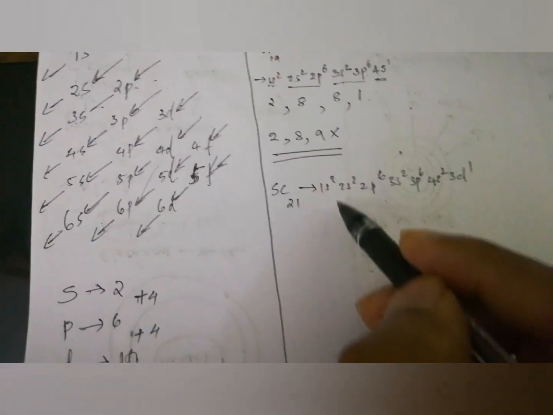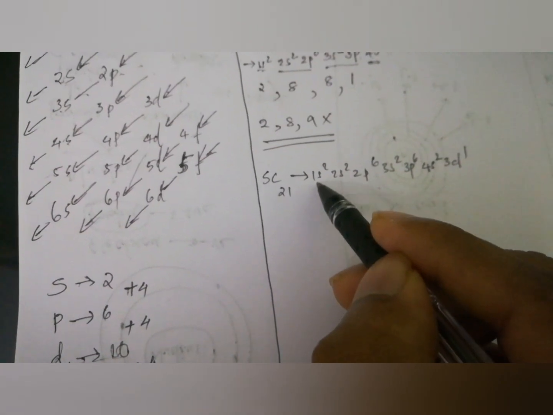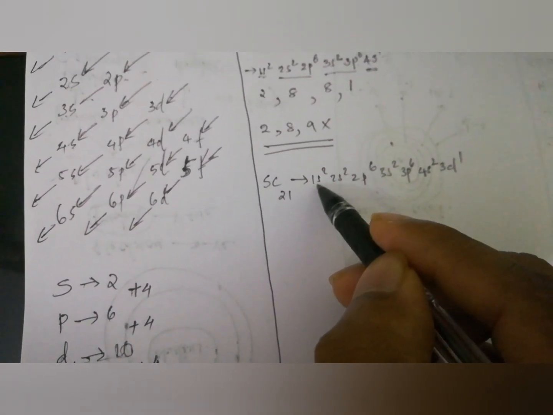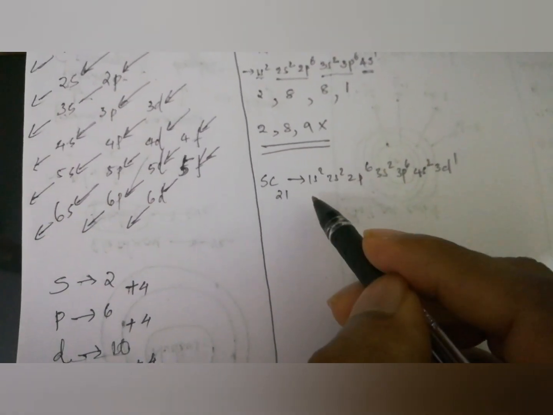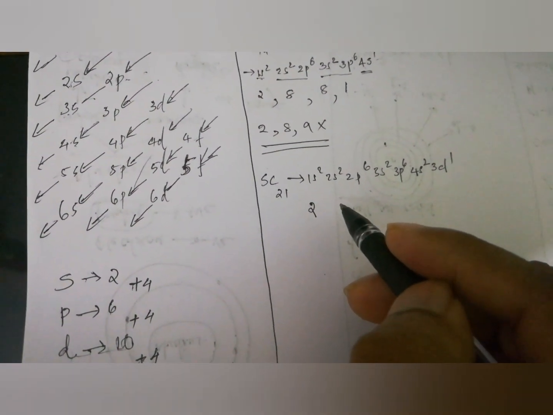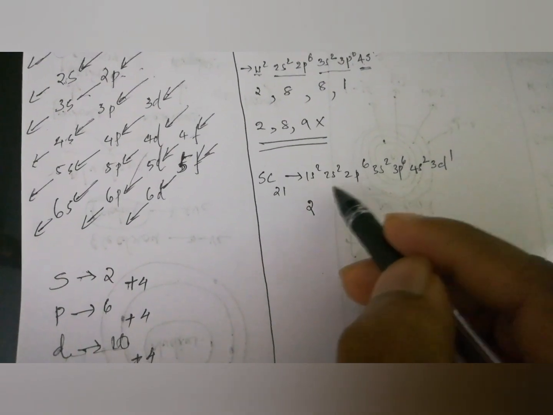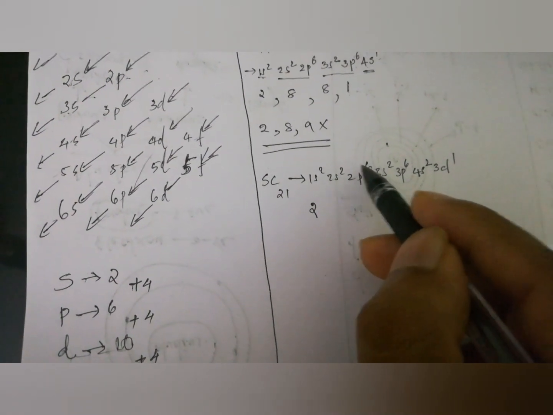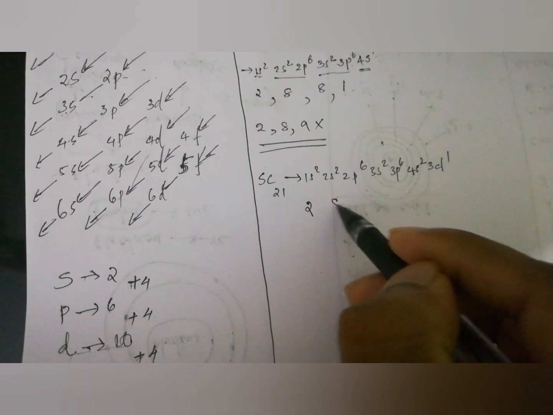Okay, yes. In the first shell there are how many electrons? In the first shell there is only one subshell, 1s, and it contains 2 electrons. Therefore, the K shell contains 2 electrons. In the second shell there are 2 subshells. Therefore, it contains 6 plus 2, that is 8 electrons.